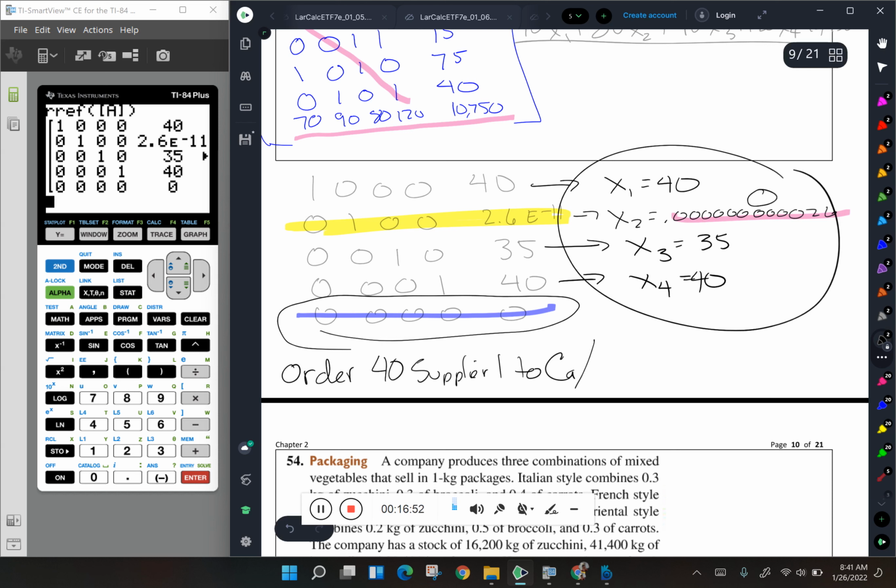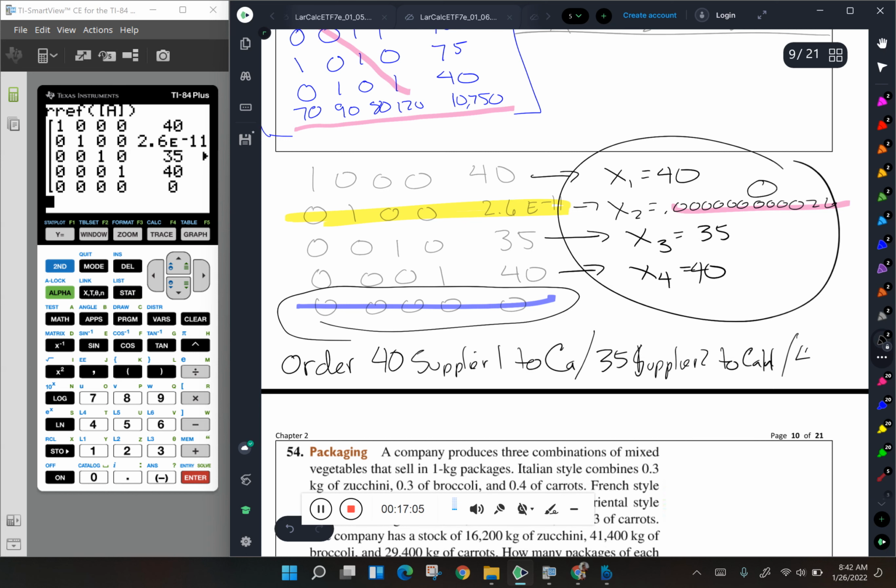They need to order 35 for supplier 2 to get shipped to California. And they need to order 40 from supplier 2 to ship to Ohio, to Akron. They will order none from supplier 1 to Ohio.